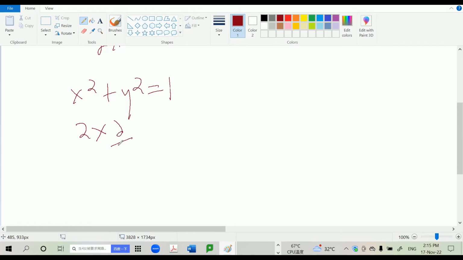I was going to do this before, but I will ignore this now and no longer do that anymore because I want to find a more straight to the point shortcut way of doing implicit differentiation. So that would just simply be 2x.